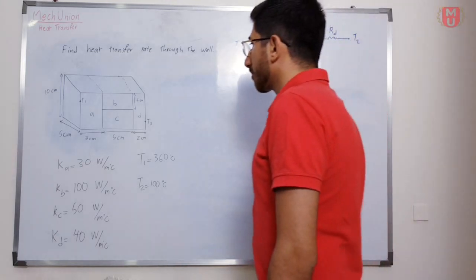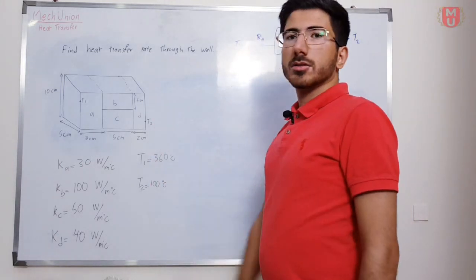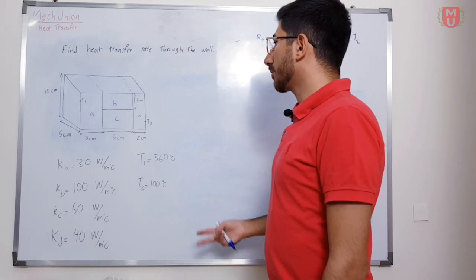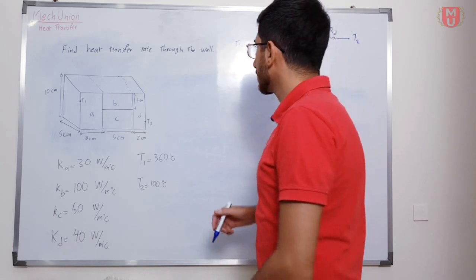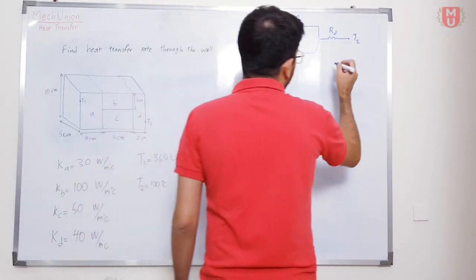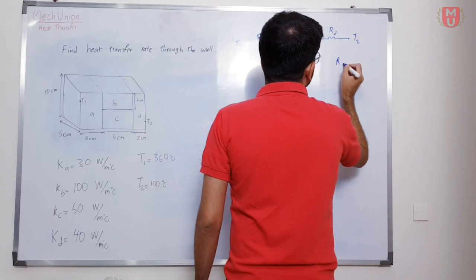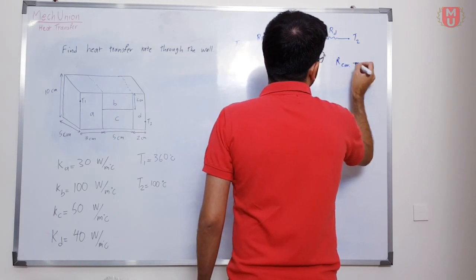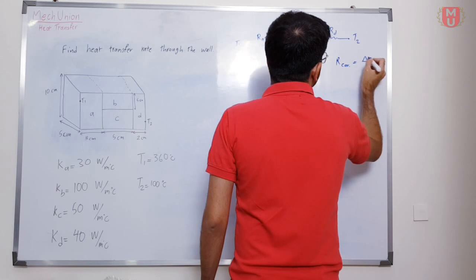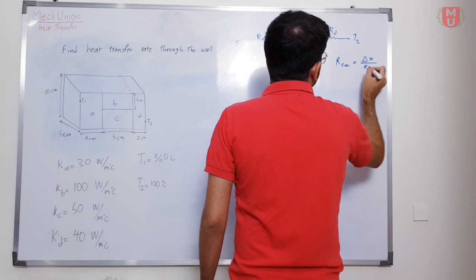Okay, as it is Cartesian coordinate and one-dimensional, we use our main formula, which was R of Cartesian equals delta x over kA.